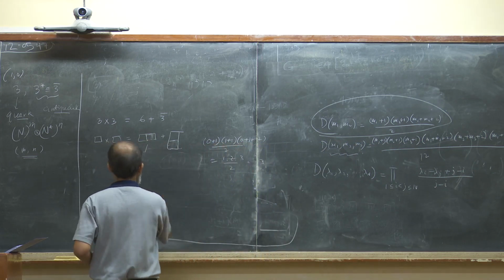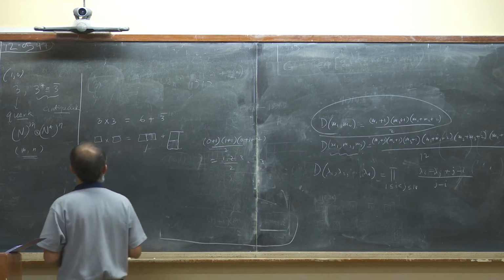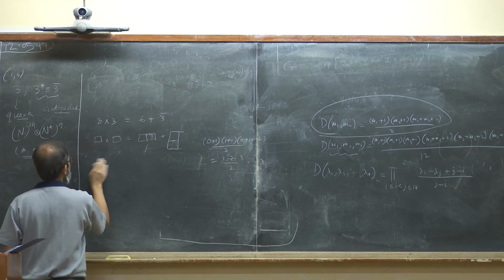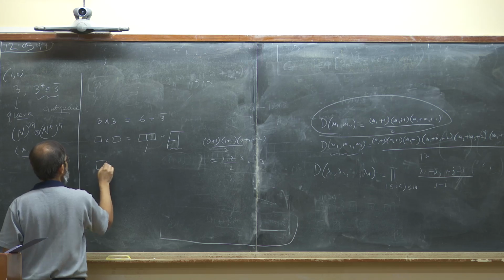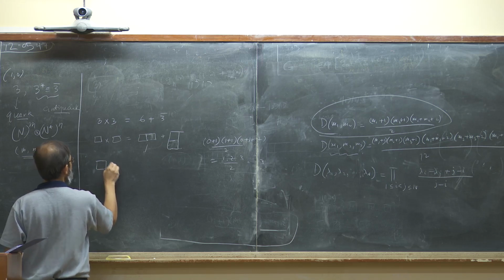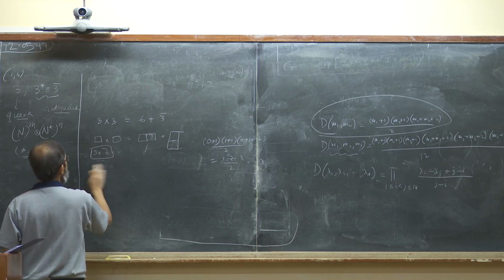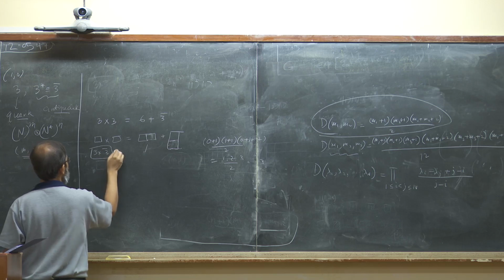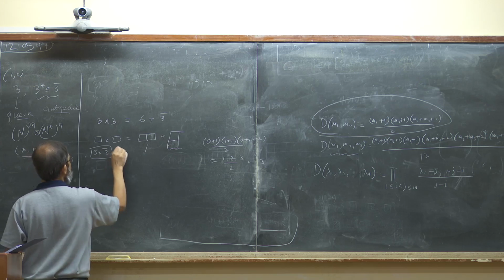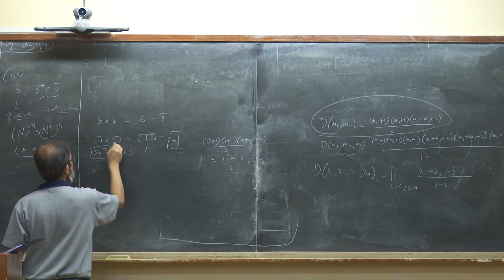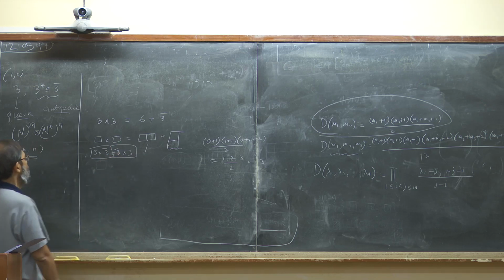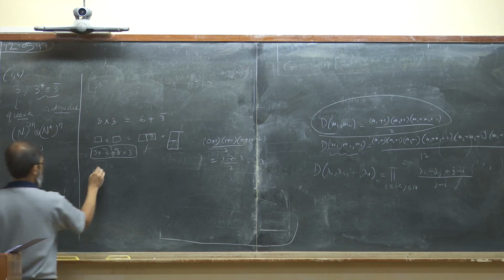Let's do something more. Let us do 3 cross 3 bar. So now we'll do 3 cross 3 bar, which we'll write as 3 bar cross 3 for convenience. So what's 3 bar?